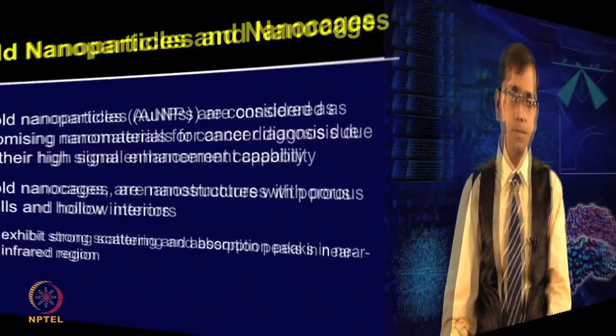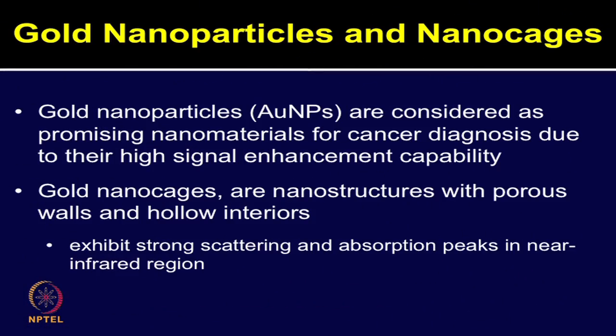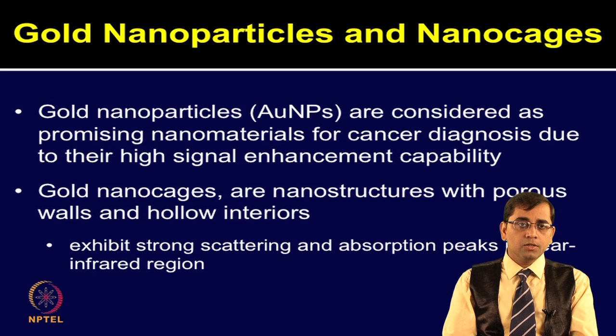The size of the gold nanoparticles determines the proportion of absorption to scattering with biological imaging, and it requires a very high scattering cross section, which is achieved by increasing the size of nanoparticles. These gold nanoparticles and nanocages are considered as promising nanomaterials for cancer diagnosis because of their high signal enhancement capability.